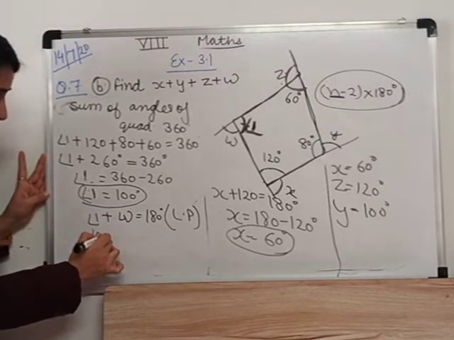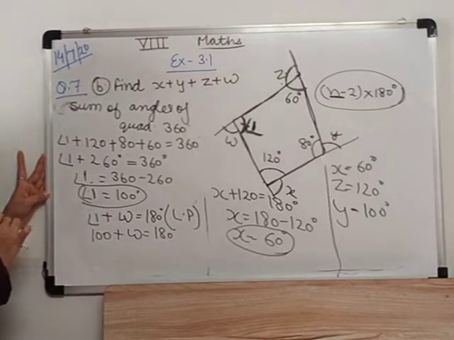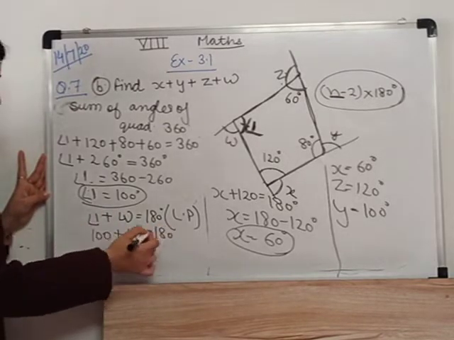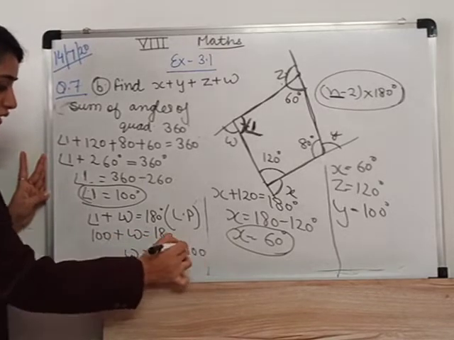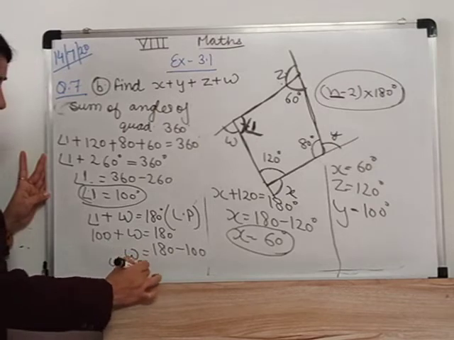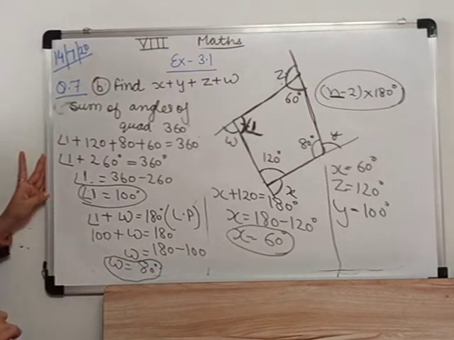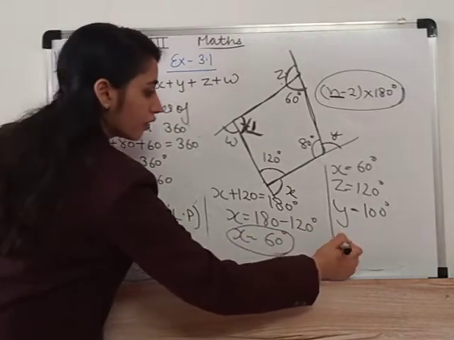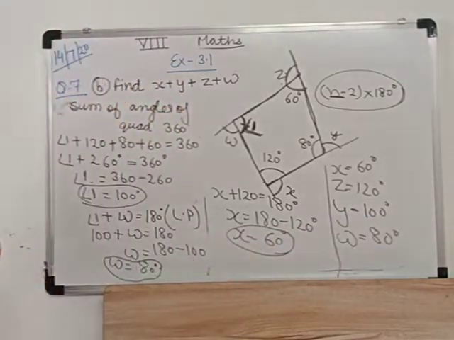Angle 1 is 100 degrees, plus w is equal to 180. Shifting 100 to the right side, we find the value of w is equal to 80 degrees. Understood? So here we know all the values.